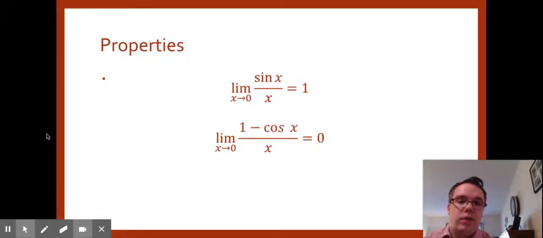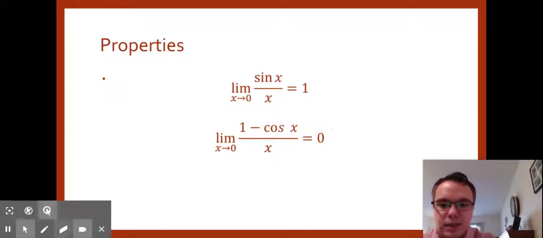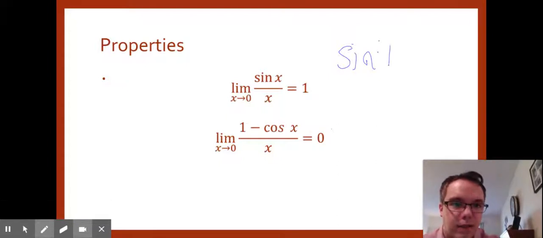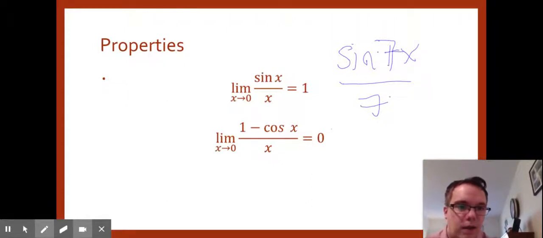All right, so they can be a bit confusing for students because it's really the sine of x over x. As long as it's the same something as what's on the denominator, then this limit holds true. So for example, you can have the sine of 7x over 7x, and this will still hold true.